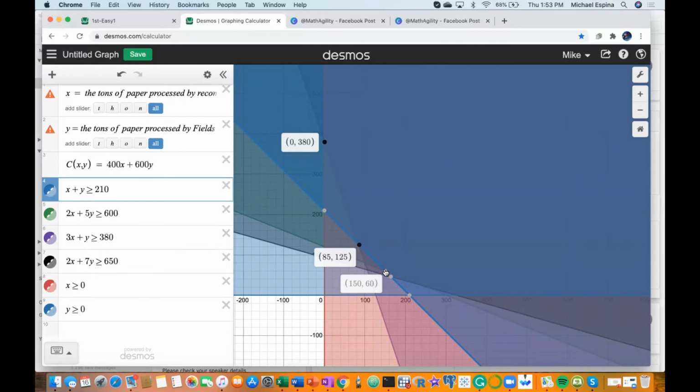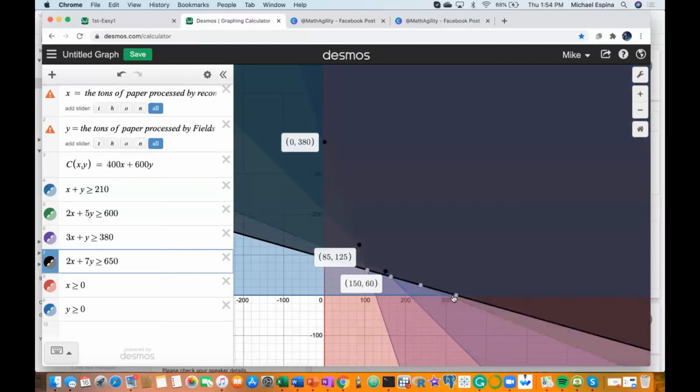The next vertex is 150 and 60. And then the next would be 237 and 25, and the last is 325 and 0.